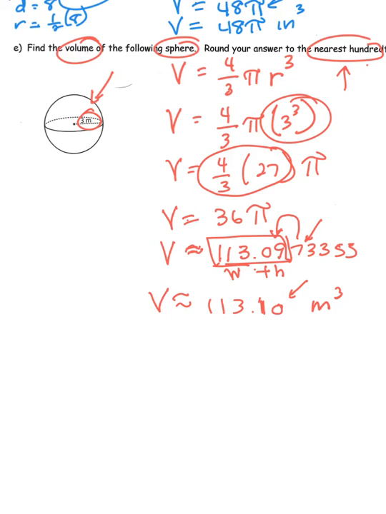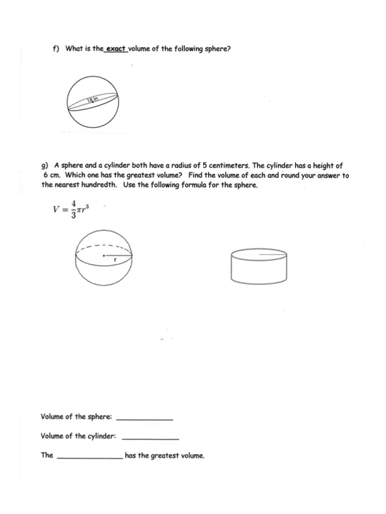Now please turn to the next page. Letter F asks us to find the exact volume of the sphere. So again, we have to start with volume equals 4/3 times pi times radius to the 3rd power.